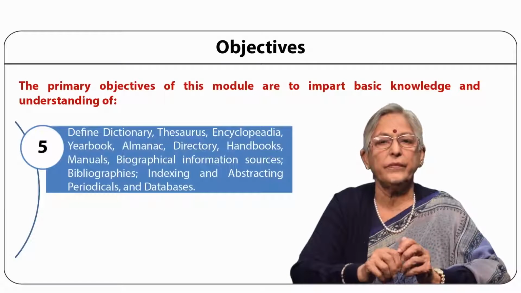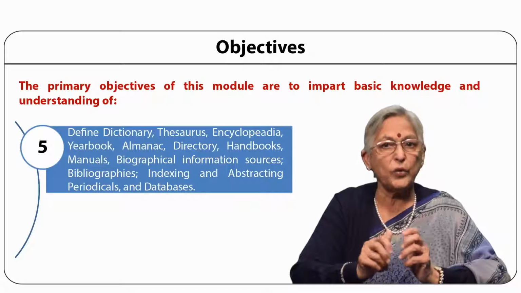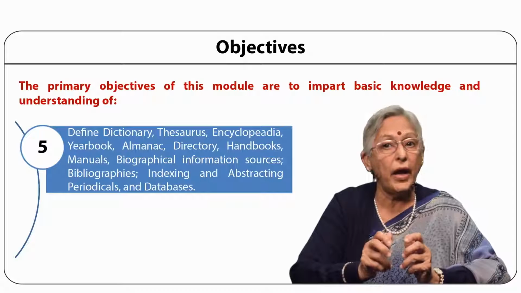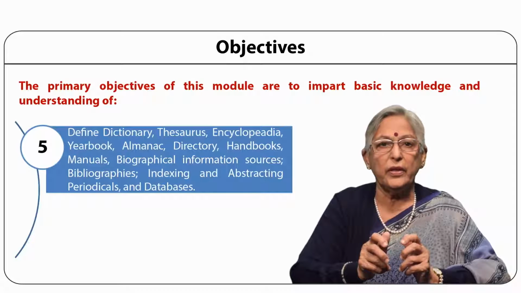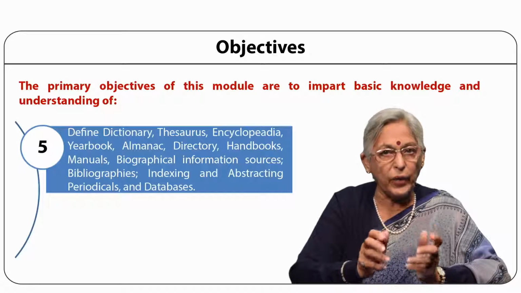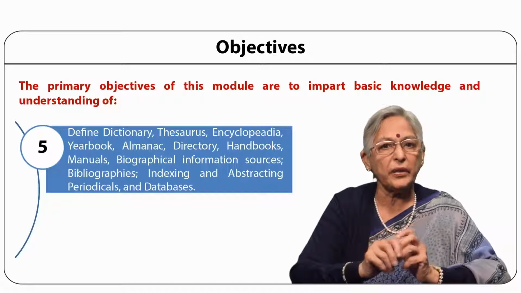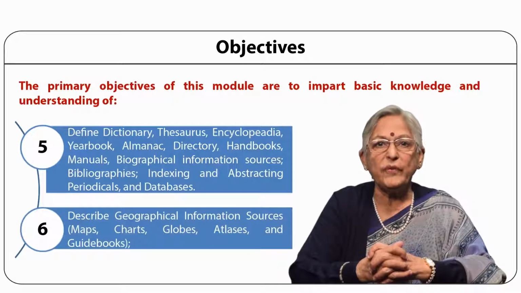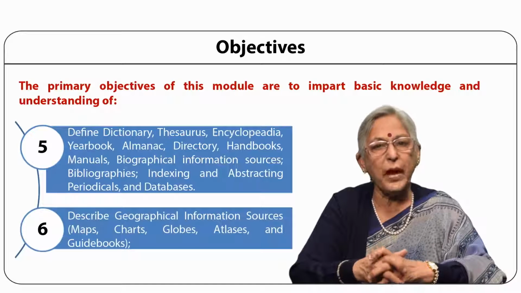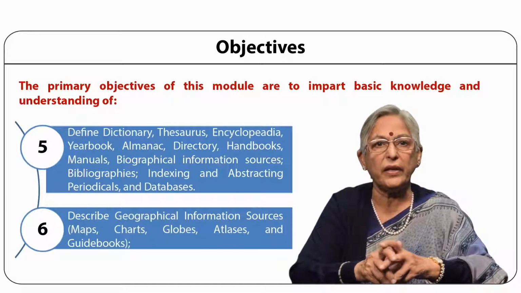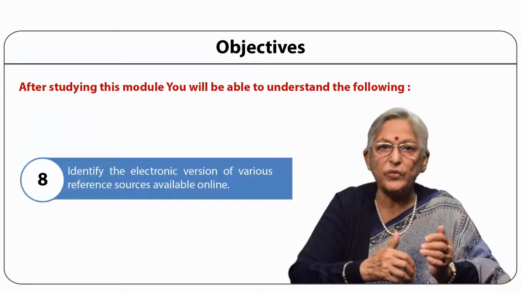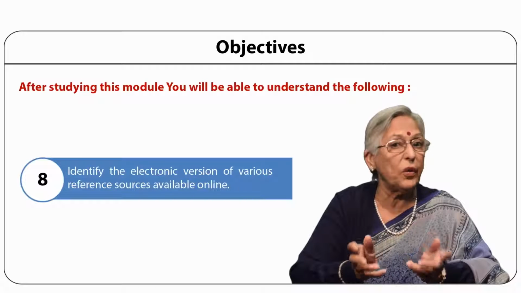Define dictionary, thesaurus, encyclopedia, yearbook, almanac, directory, handbook, manuals, biographical information sources, biographies, indexing and abstracting periodicals and databases. Describe geographical information sources such as maps, charts, globes, atlases, and guidebooks. Identify the electronic versions of various reference sources available online.